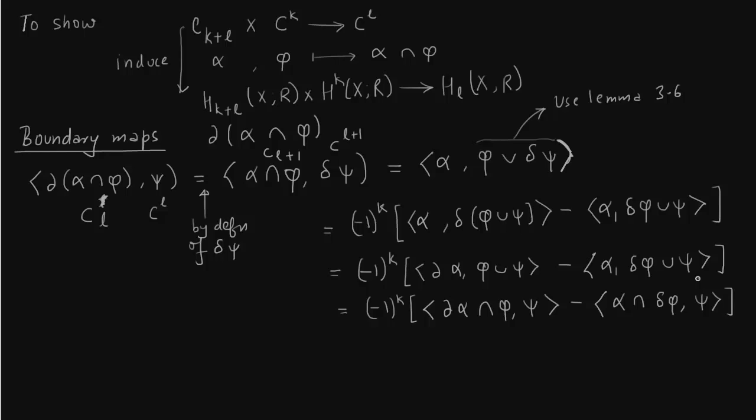So this holds for all psi belonging to the cochain CL. Now we do have a formula for the boundaries, and this formula is what will essentially end up defining the homology and the cohomology groups. It holds for all psi belonging to the cochain CL, and this small CL is a free R module.